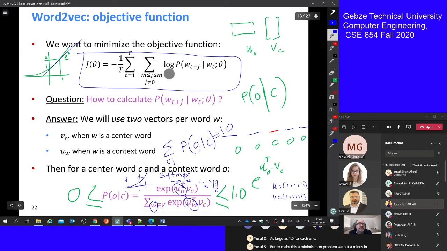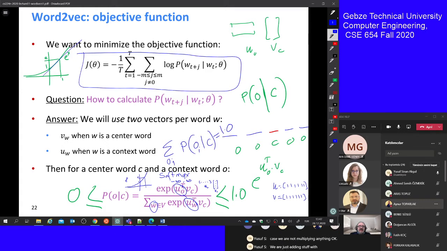How about the log? Why are we taking log? To prevent underflow. Mustafa, that's a good answer, but in this case, we are not multiplying anything. We are just adding stuff.